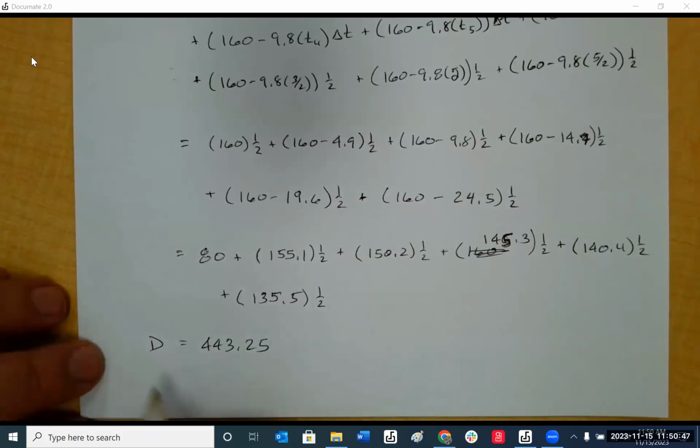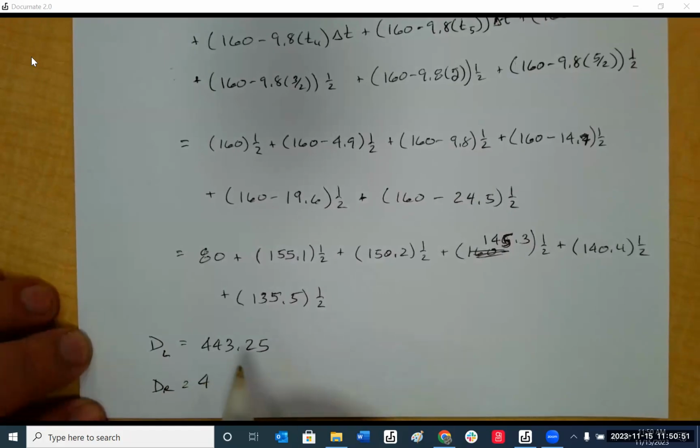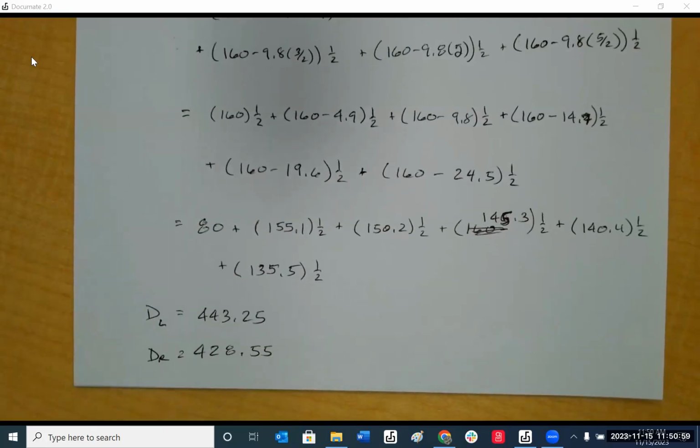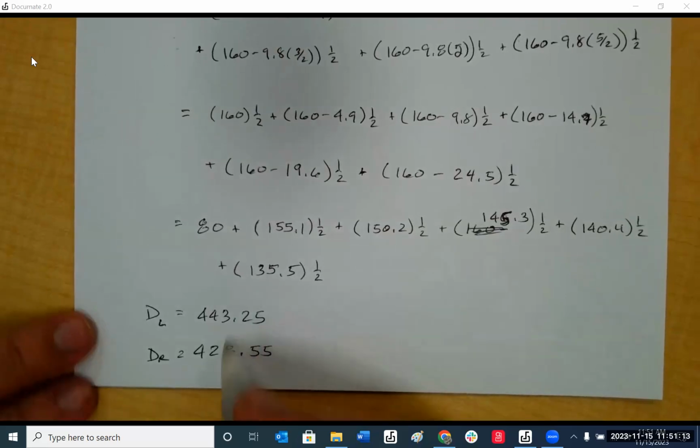On the right side, it is 428.55. So we know the true answer has to be between those two.